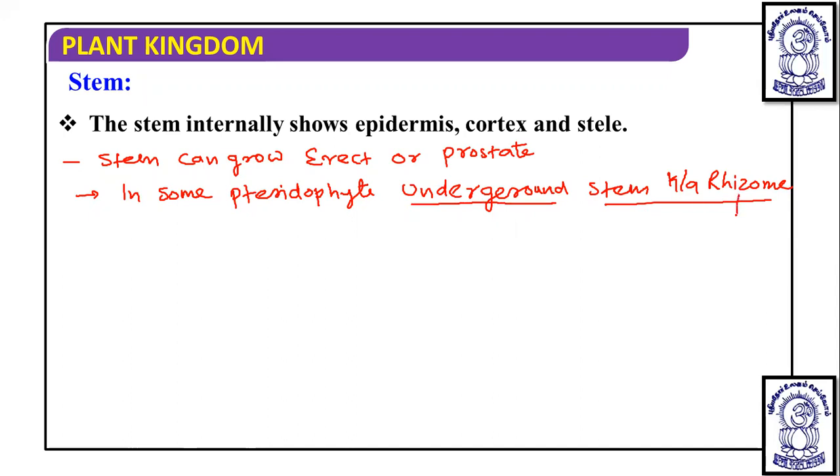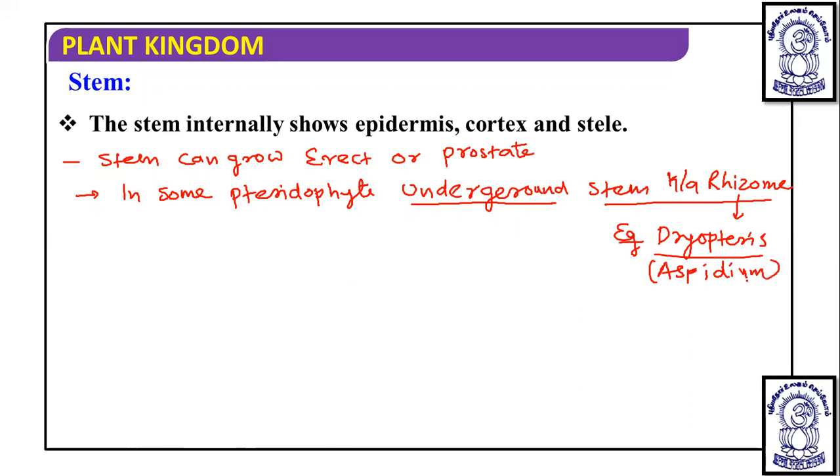And this rhizome is found in the case of Dryopteris, or we call Dryopteris, which is a pteridophyte, aspidium.